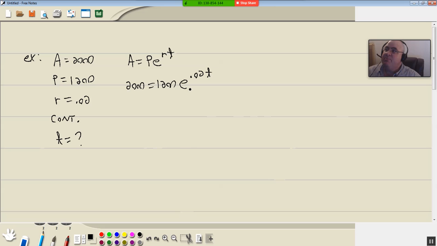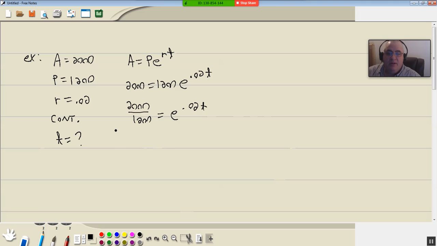So our first step is to get the part with the variable in the exponent by itself on one side. Well, there's 1,200 in front of it, so I'll divide both sides by 1,200. There we go. Now you can simplify that if you want, but there's really not much need for that.